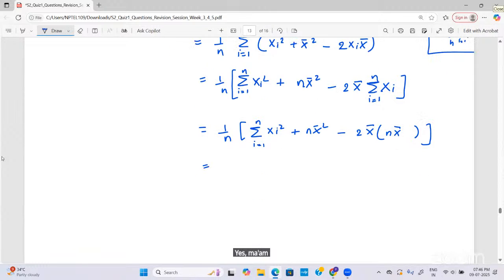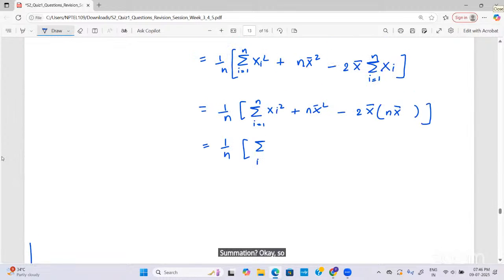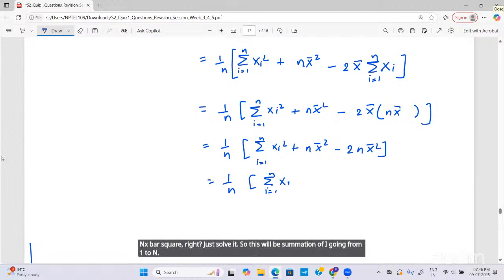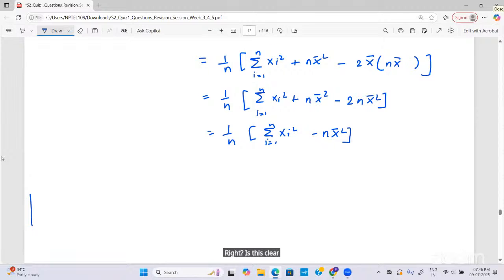So this is 1 upon n, summation from 1 to n of xi square, plus n x bar square, minus 2 n x bar square, right? Just solve it. So this will be summation of i going from 1 to n of xi square, minus n x bar square, right? Is this clear? Yes, ma'am. This is also one of the formulas of sigma square only. But if you don't remember, then you will have to solve it.